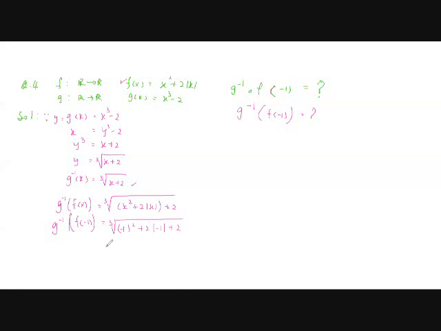The absolute value of -1 comes out to plus 1, so this becomes 1 plus 2 plus 2, which is 5. So the final answer is the cube root of 5. That's the final answer for question 4.